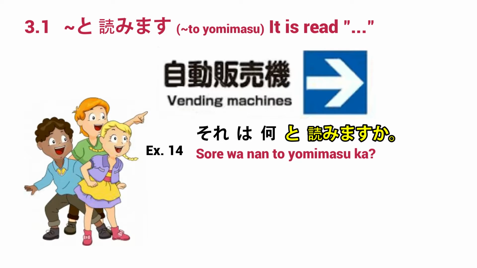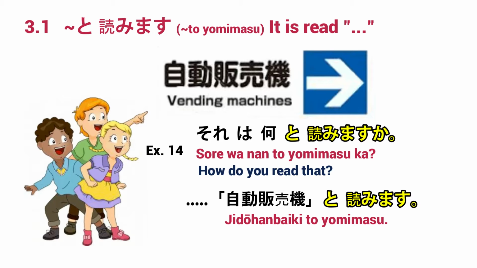それは何と読みますか?How do you read that? 自動販売機と読みます。It is read 自動販売機。This is often the case when you come across a kanji that you don't know and it does not have furigana.